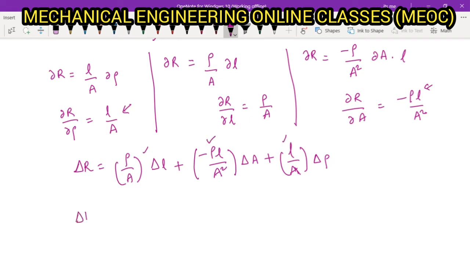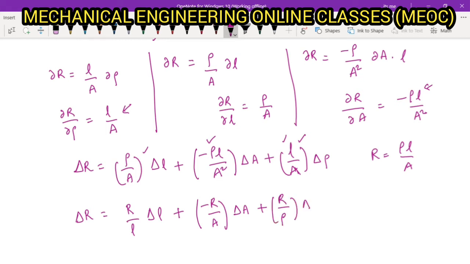So delta R is equal to rho by A, which is R divided by L, from the equation R is equal to rho L by A, into delta L, plus rho L by A, which is R, so we are left with minus R by A into delta A, plus here we have L by A in the third term, so that is R by rho into delta rho.